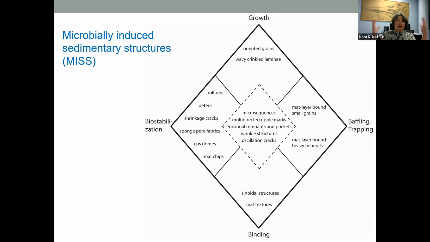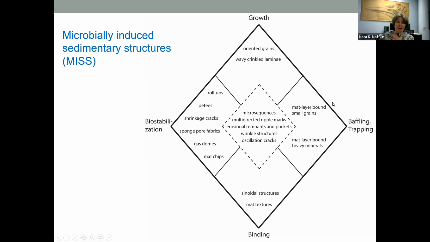So there are a lot of different microbially induced sedimentary structures out there. This term is abbreviated as MISS, and indeed the MISS are now a group of microbialites defined in the Treatise of Invertebrate Paleontology. There is a volume now devoted for the prokaryotes, and the MISS are in there together with stromatolites and thrombolites and leiolites and all those.